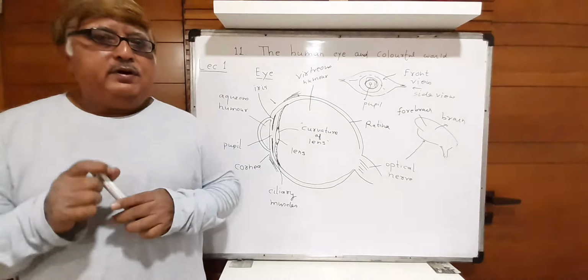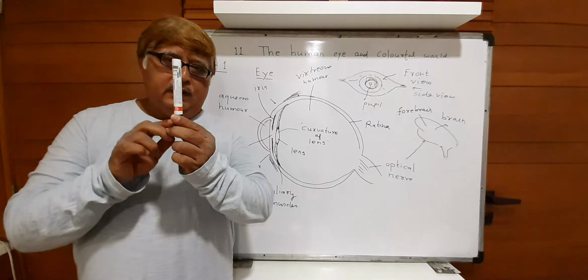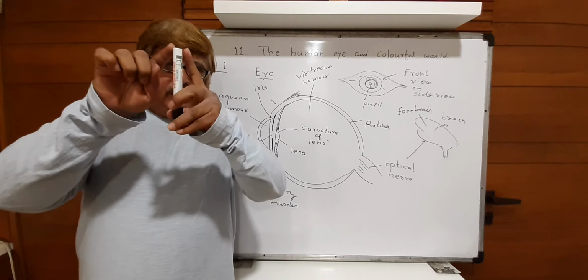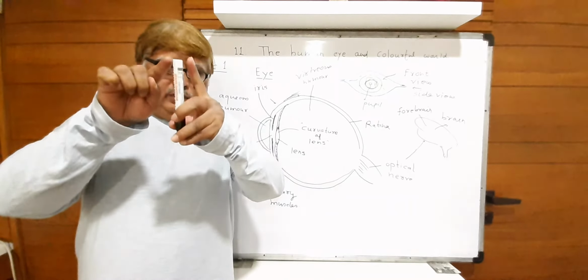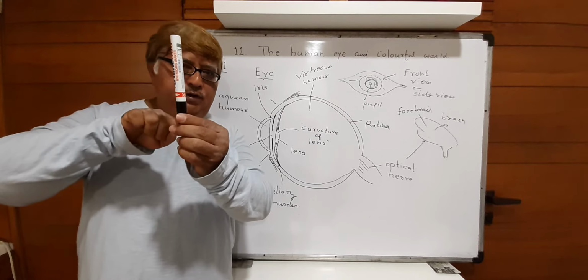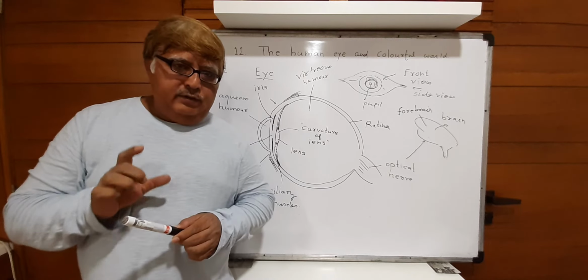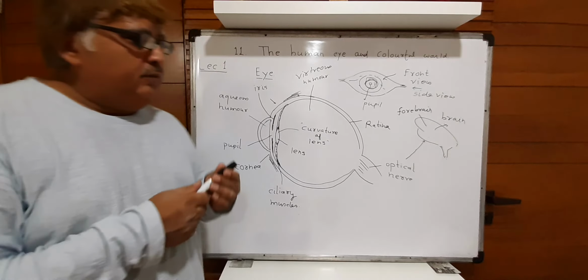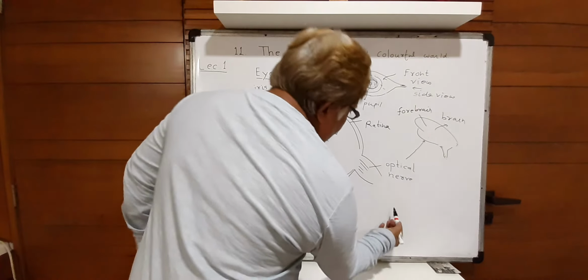It comes to mind, for a lens, the curvature increases. If the curvature increases, then the lens becomes thicker.